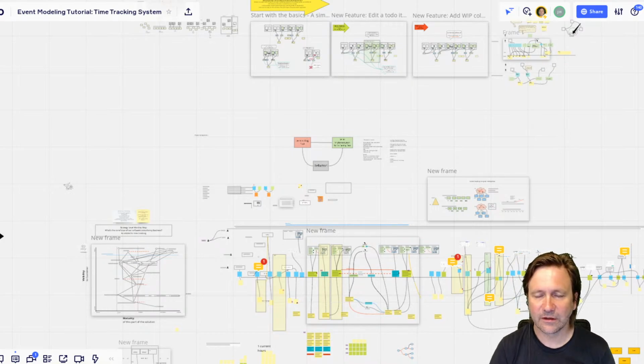With event modeling, we're just finding more and more ways that it helps, and I think it's the simplicity and the fact that it's so approachable from all sorts of roles that makes it good.